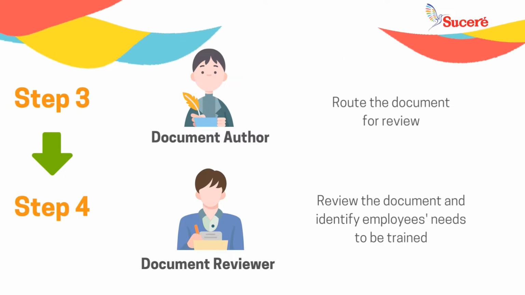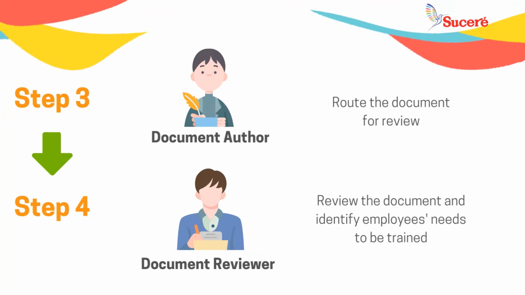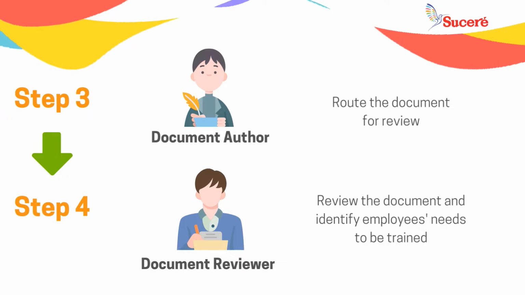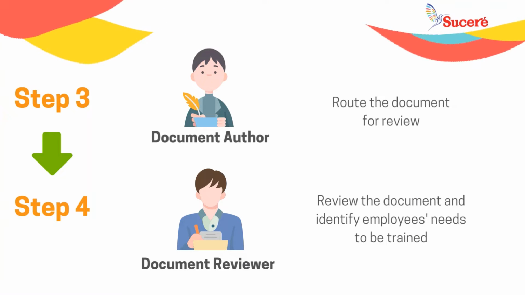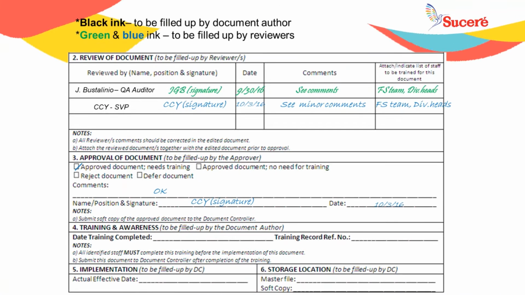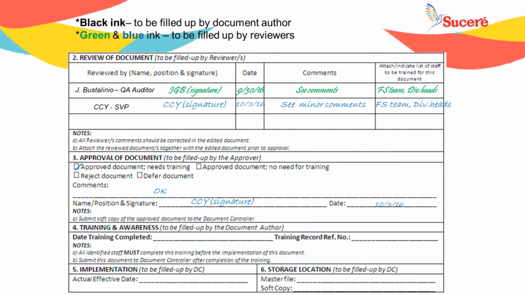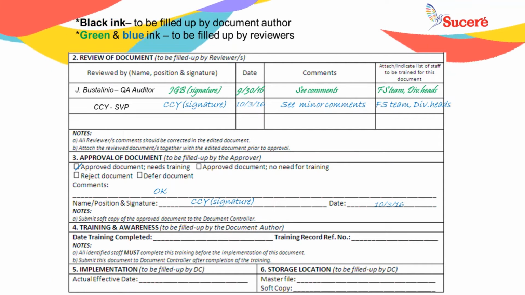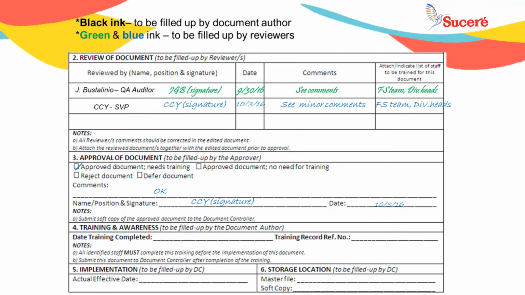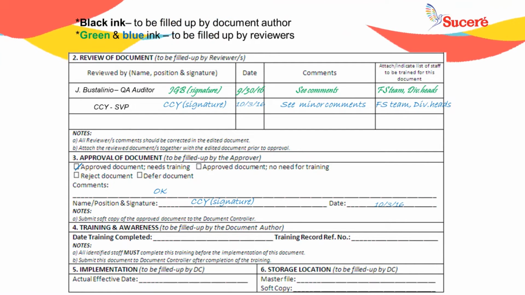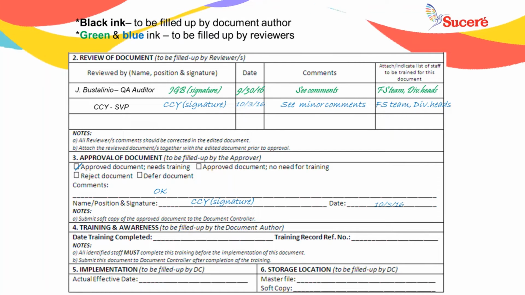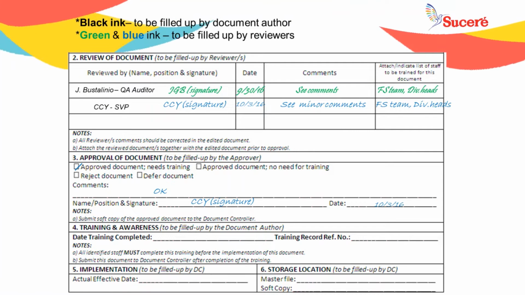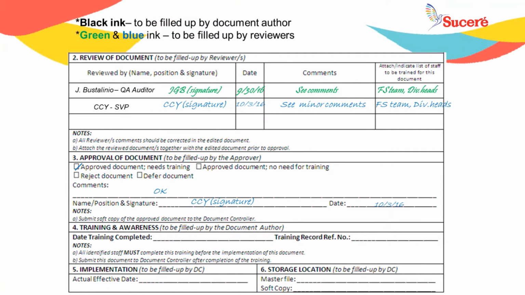So step 3, the document author will route the document for review. And then step 4, the document reviewer will review the document and identify the employees who need to be trained. In the lower part of the document review form, the document author will put in his reviewers, and then the reviewers will sign it to prove that he or she has already reviewed the document.